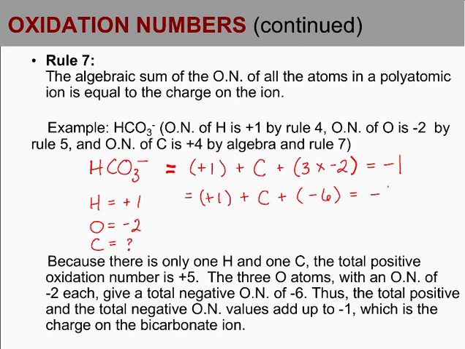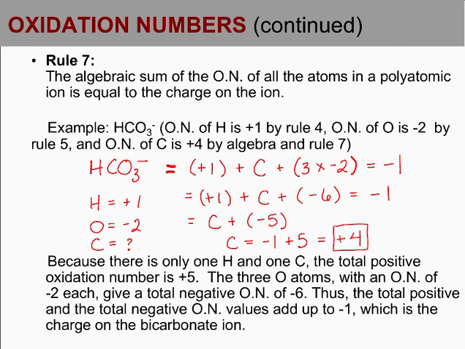And that, again, all needs to add up to -1. So let's simplify a little bit further. So -6 plus 1 is -5. So carbon will equal -1 plus 5, which is +4.